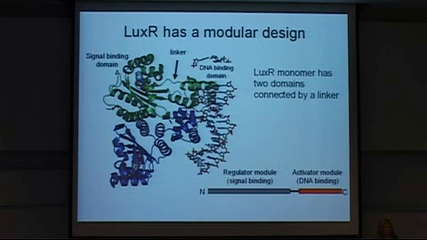So we want to take advantage of the actual modular appearance of LuxR. That is, there's an AHL binding domain and a DNA binding domain. In the TraR structure, there's very clearly a linker between the two domains. And so our idea was simply, can we just swap around the domains and maintain the specificity that we'd evolved previously?